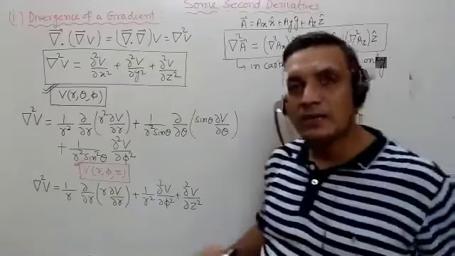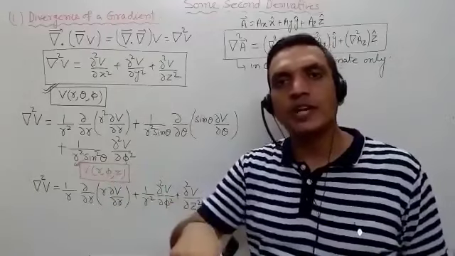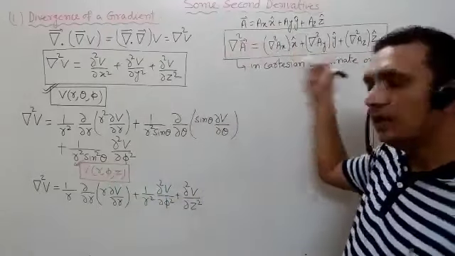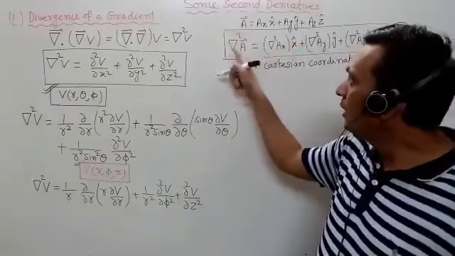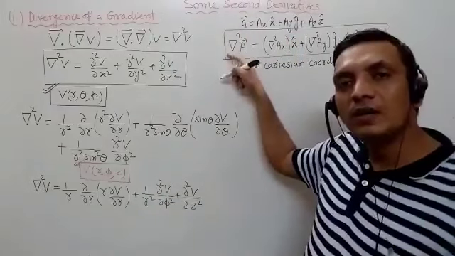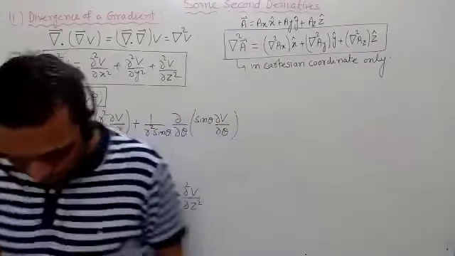If the vector is given in spherical polar or cylindrical, first you have to transform that vector into Cartesian coordinates and then you can find del square A. Is it clear?